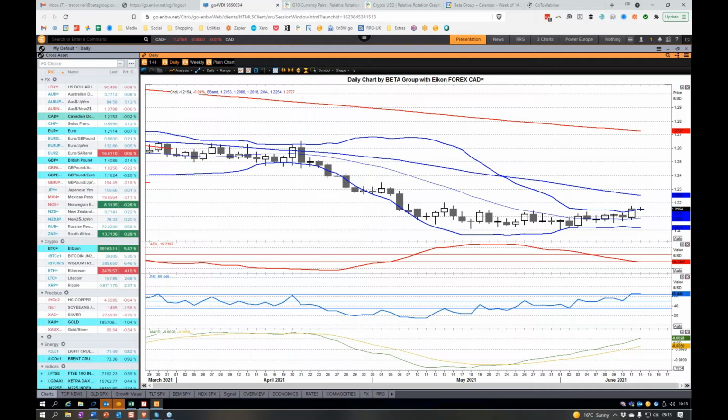So pound yen, pound dollar, and Canadian dollar we like most. The problem with the other ones is they meet resistance. We want charts that can move freely and not hit their head as soon as they make the move.